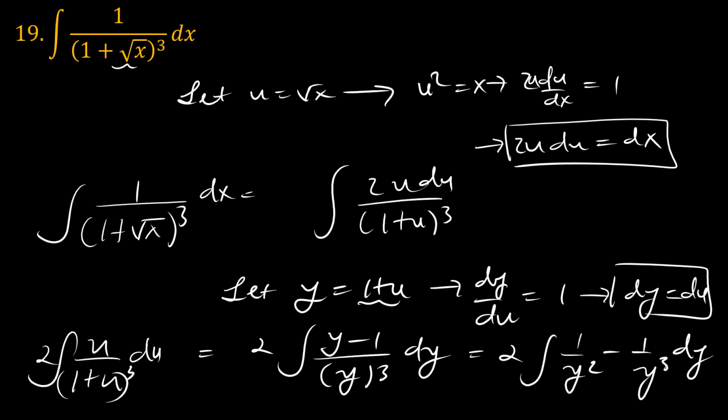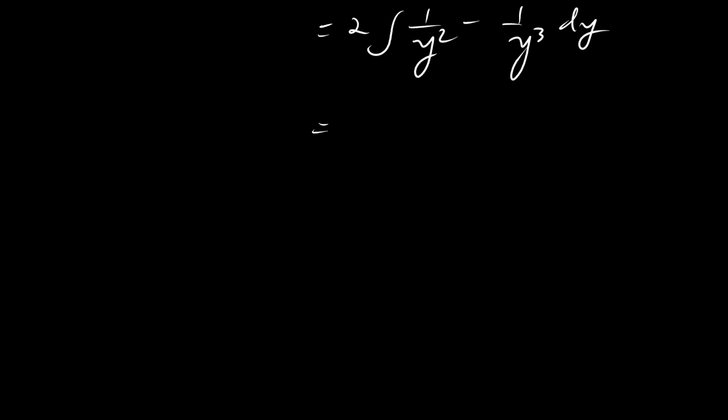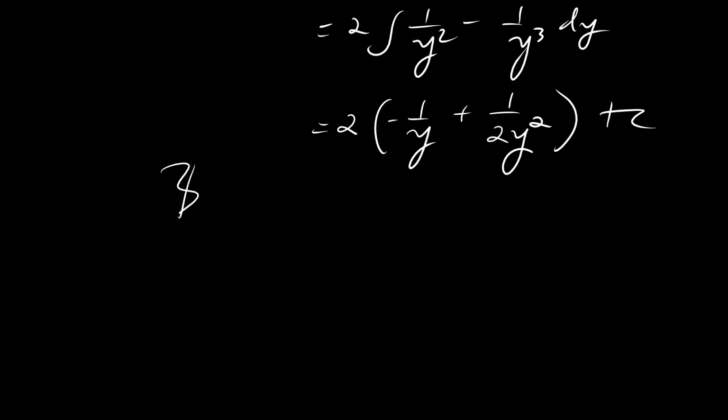Okay, so our problem now becomes 2 times the integral of 1 over y squared minus 1 over y cubed, which is equal to 2 in brackets negative 1 over y plus 1 over 2y squared plus c, but y is equal to u plus 1.